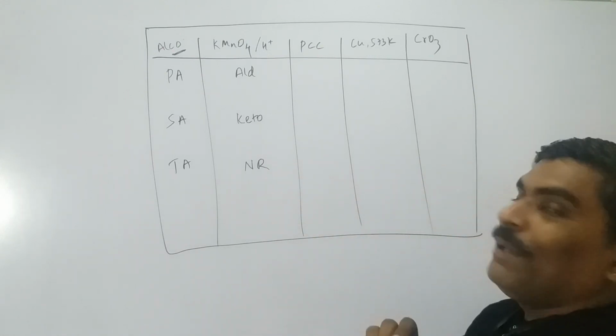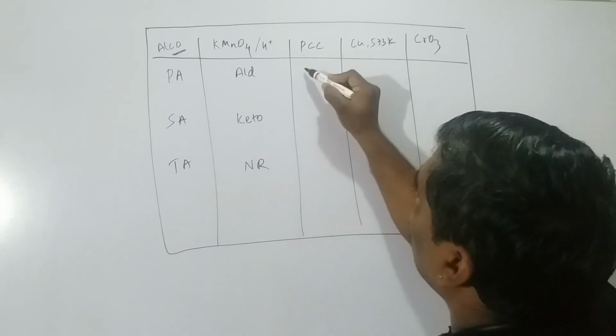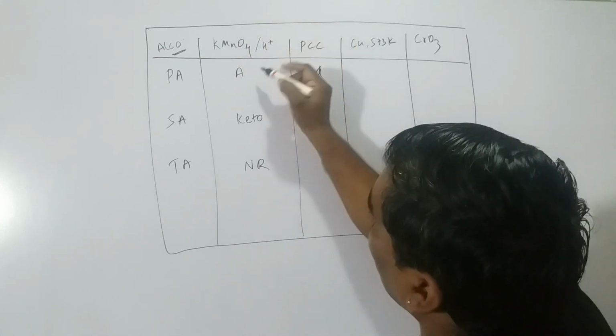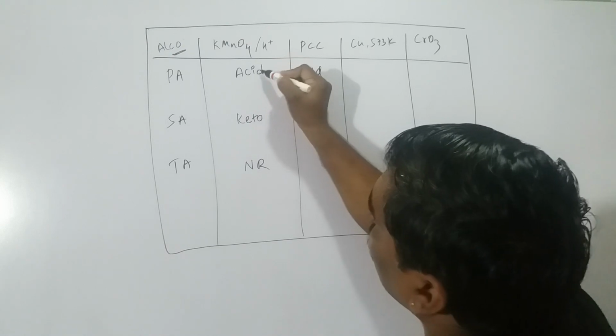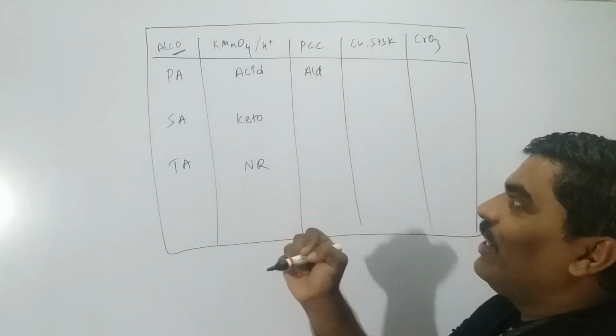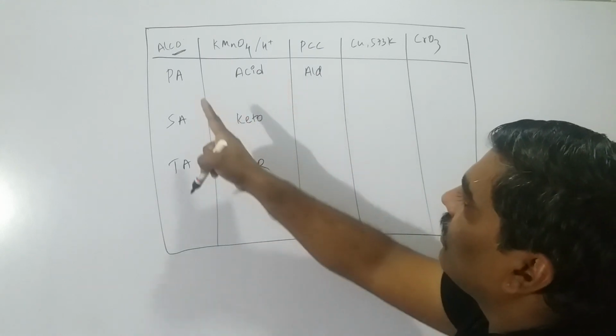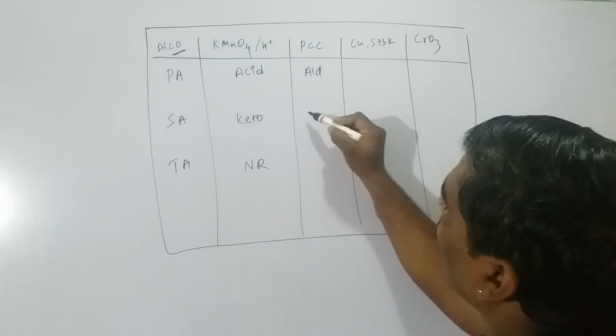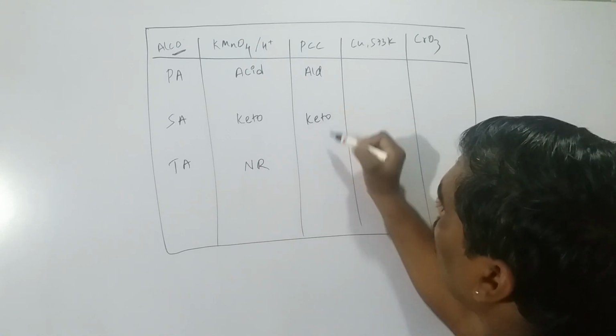Now with PCC, aldehyde. By mistake I wrote acid here; this is carboxylic acid. Actually, just now we did acid. Primary alcohol gives acid, then ketone. Aldehyde, here ketone, and no reaction.